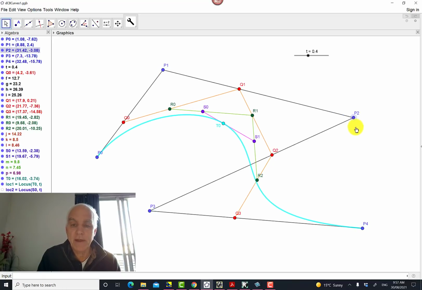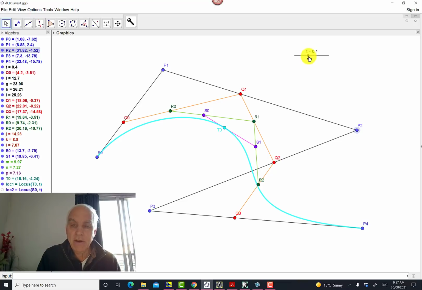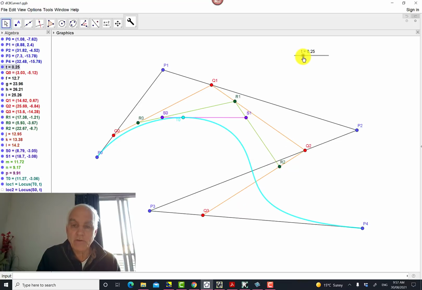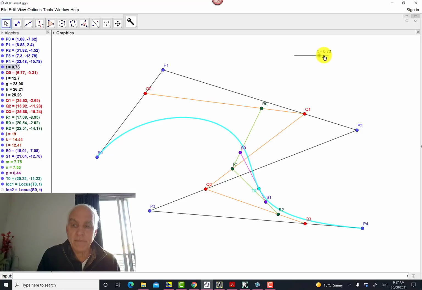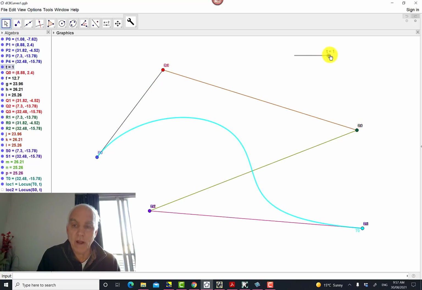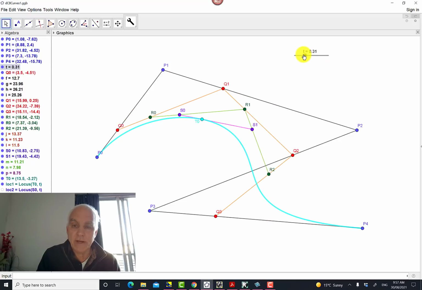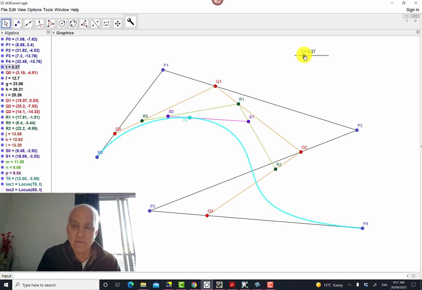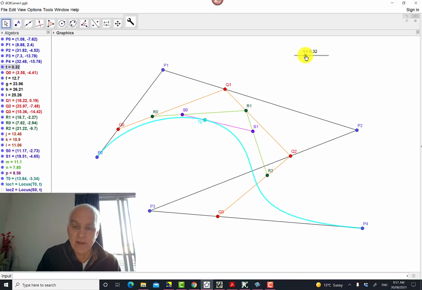And here is a slider which represents this variable t running from 0 up to 1. So let's have a look at what happens as t marches forward. Here t is increasing, and you can see the Q points traversing their corresponding segments.